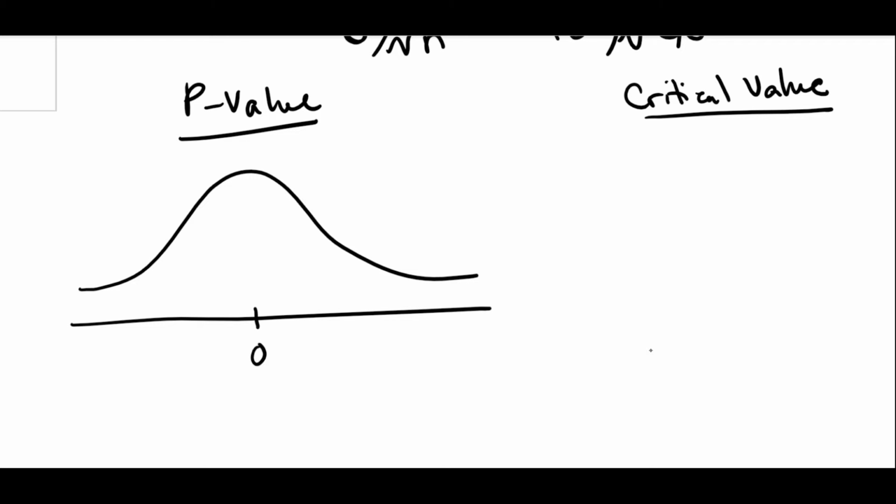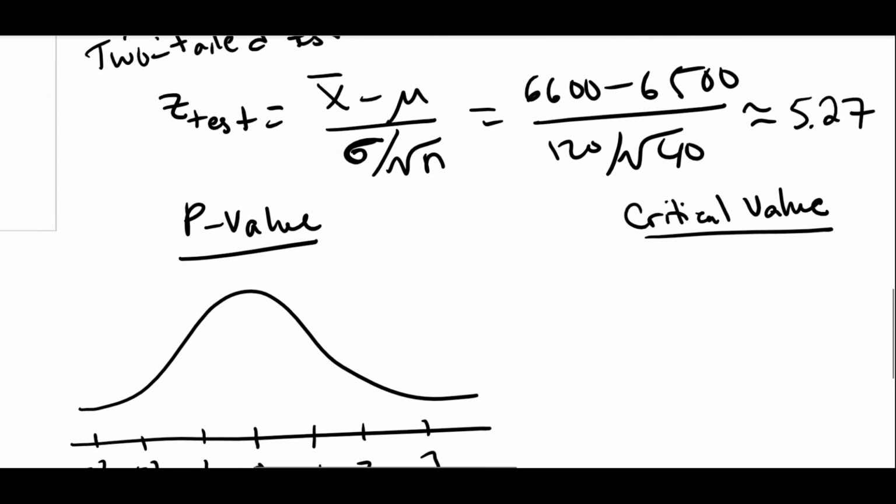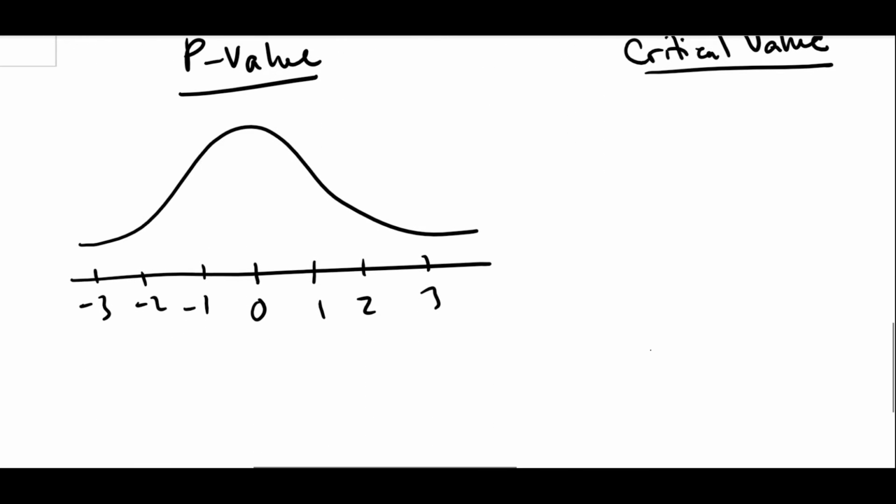Usually it starts at 0, goes by ones. So our z-test is 5.27. So that extends all the way over here, right?